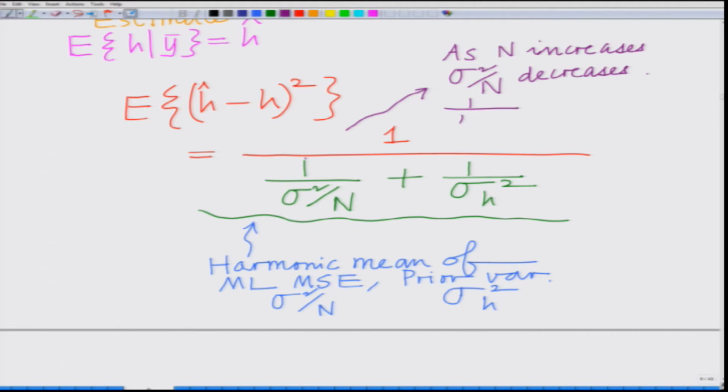Therefore, n over sigma square increases. Therefore, the denominator increases as n increases.